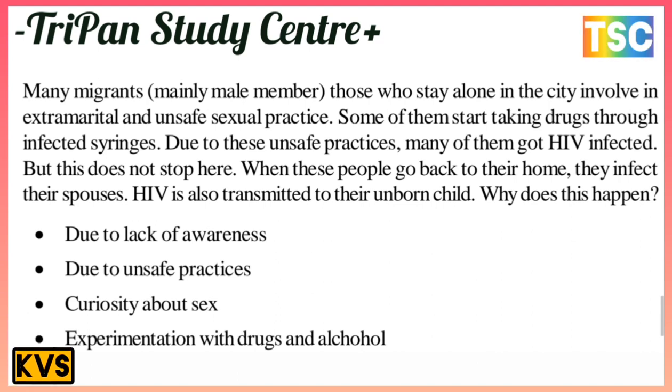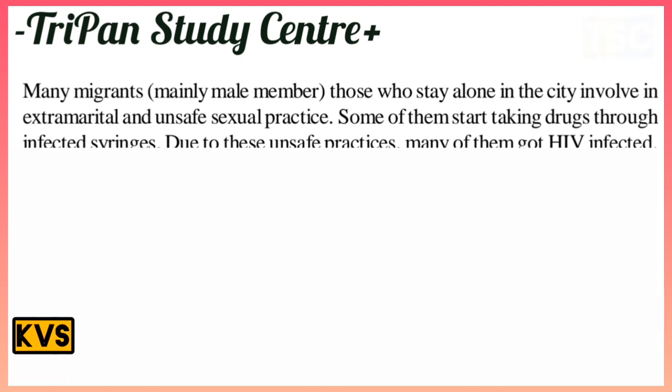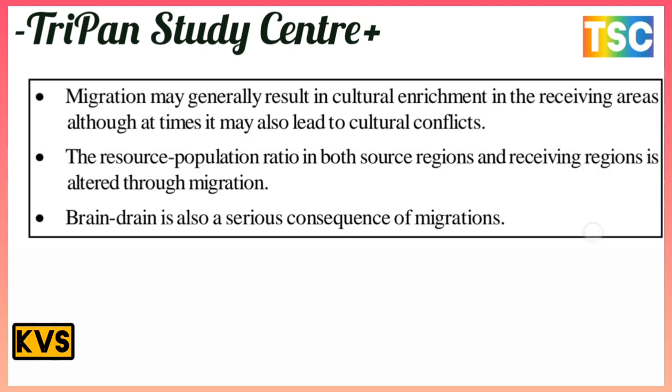But this does not stop here. When the people go back to their homes, they infect their spouses, and HIV is also transmitted to the unborn child. And why does this happen? Due to lack of awareness, unsafe practice, and ignorance about sex and experimentation with drugs and alcohol.